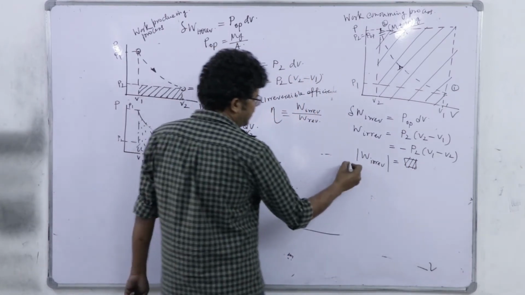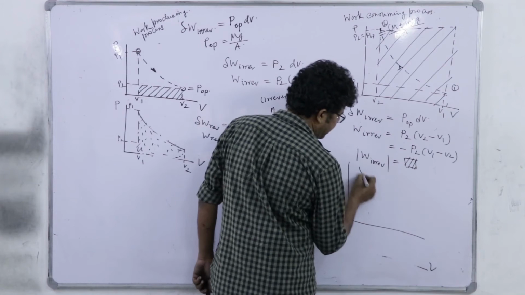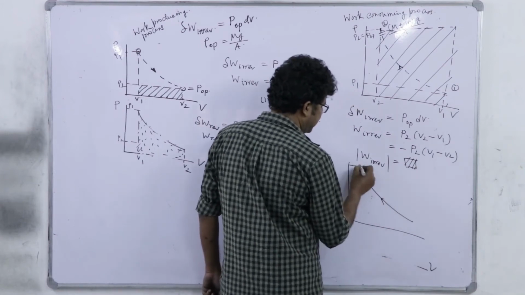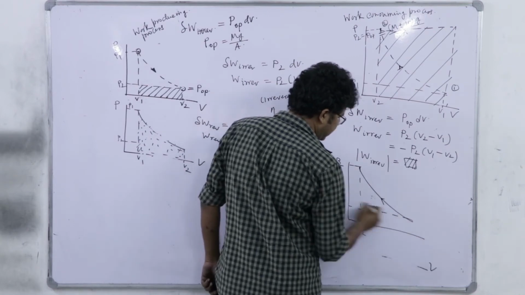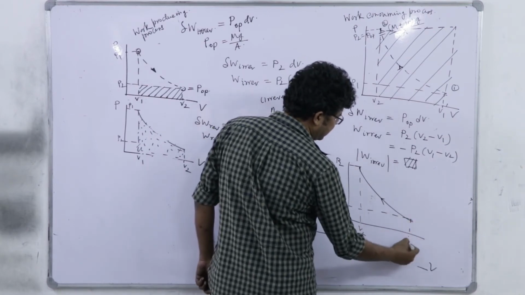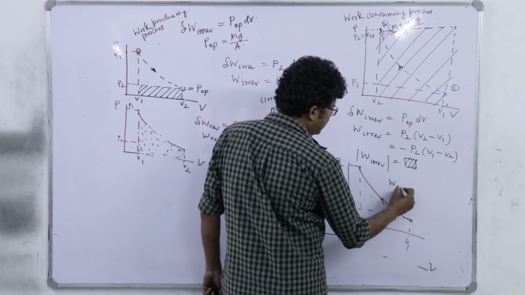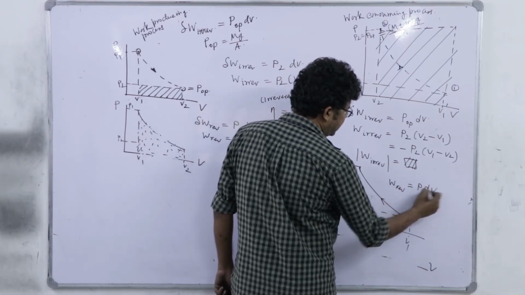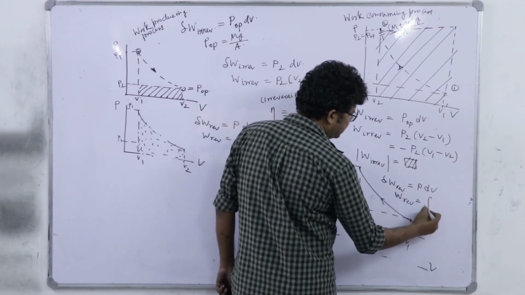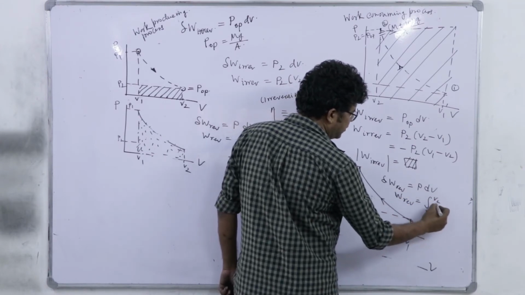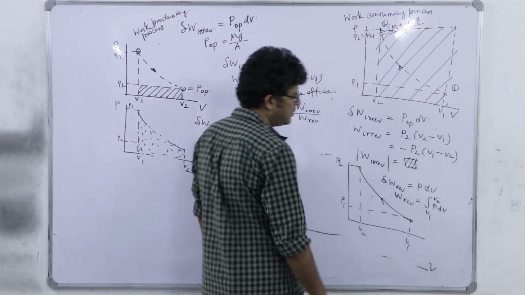Now think of a reversible process. Compression, work consuming state. This is P2, this is V2, this is P1, this is V1, right? So del W reversible equal to PdV. So W reversible is the integral from V1 to V2 of PdV, right?